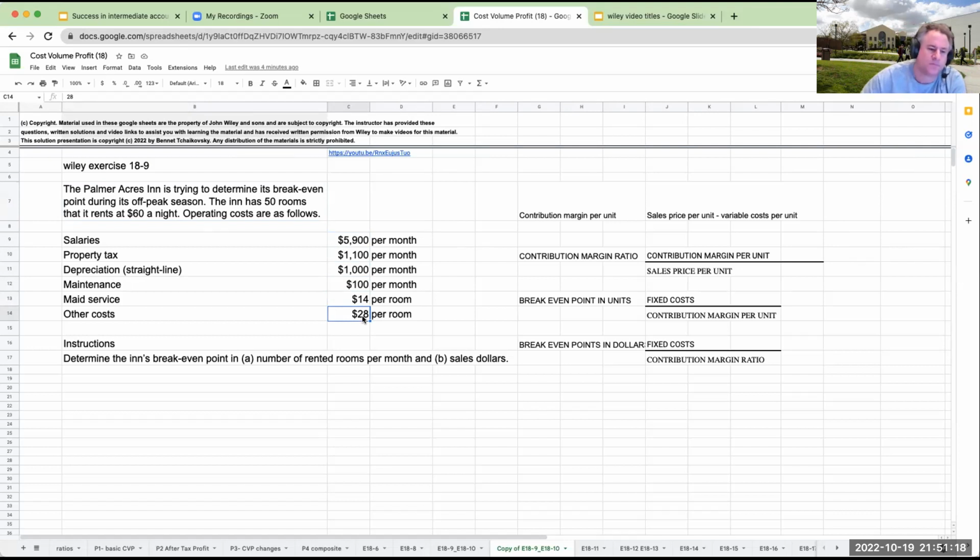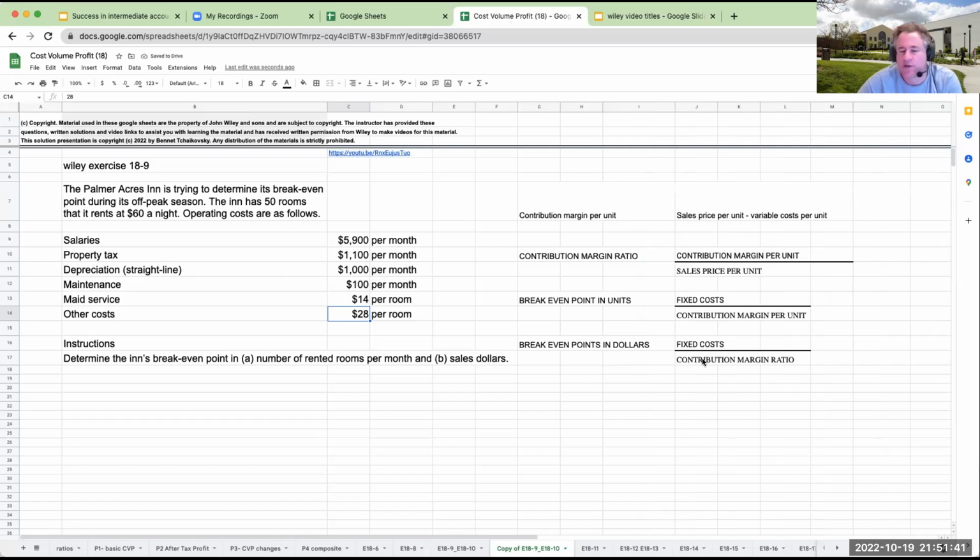Right over here, my contribution margin ratio is going to be my contribution margin per unit divided by the sales price per unit. My break-even point in units is going to be my fixed cost divided by the contribution margin ratio.